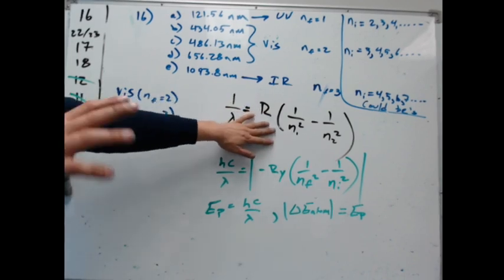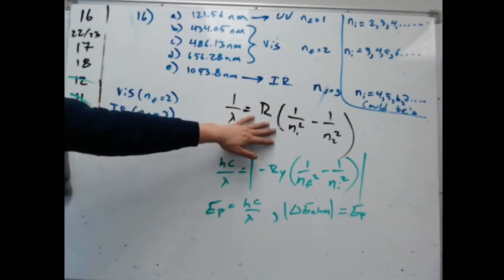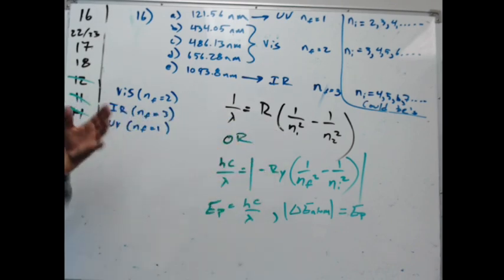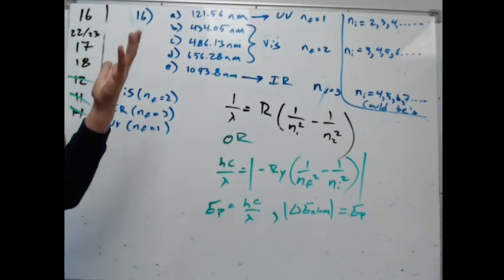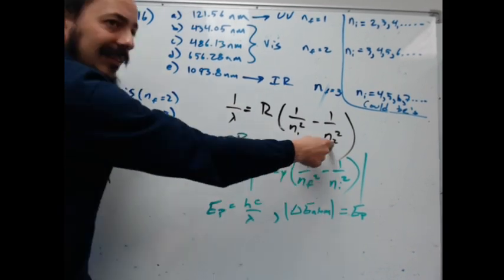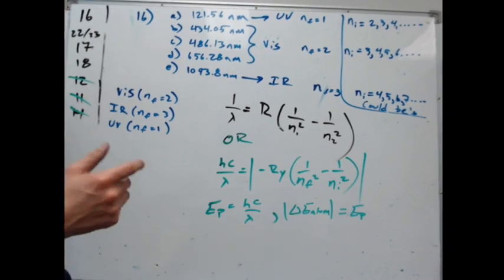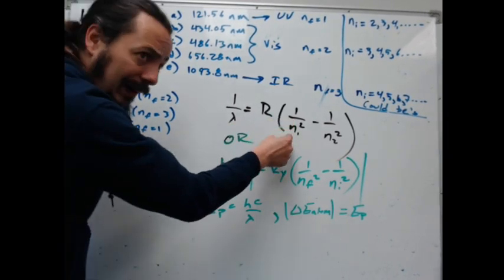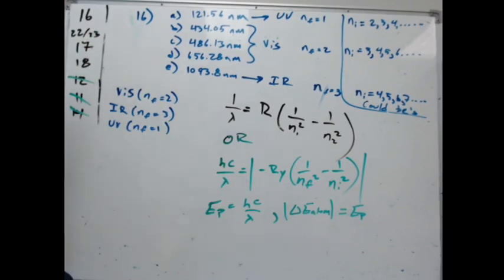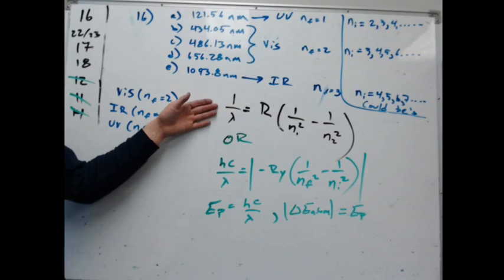Remember I wrote it down as n2 minus n1, 1 over n2 squared minus 1 over n1 squared, because I write it as final minus initial in my head. But on the equation sheet, somebody told me it's n1 minus n2. That means n1 is the final, and n2 is the initial, which I don't like. I also don't like this equation that much.